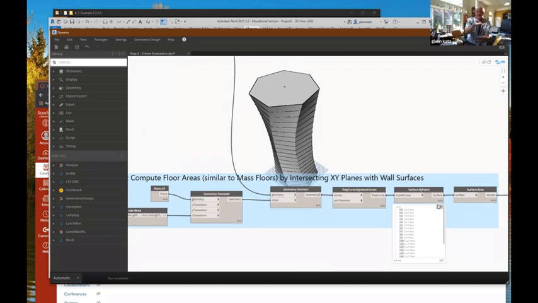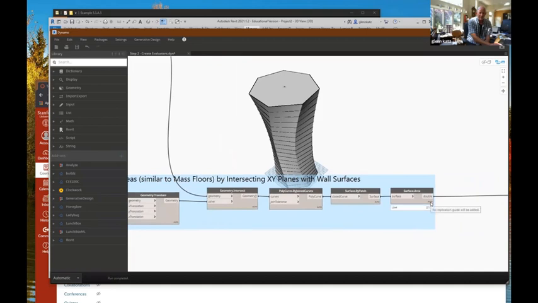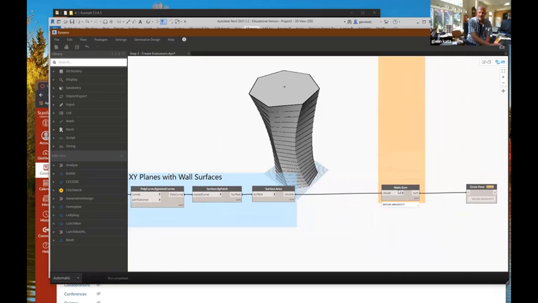And then there's a whole series of surfaces. Every surface is essentially a mass floor. It's a floor that's the area that's intersected by the outer boundary. And we add those all up to make the surface area. Super. So if we take all those and do a math sum of all those, you'll get the total gross floor area.